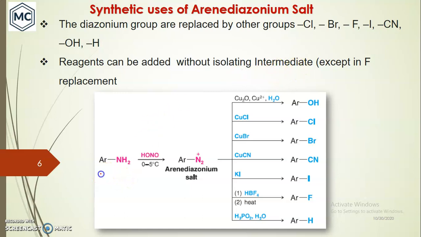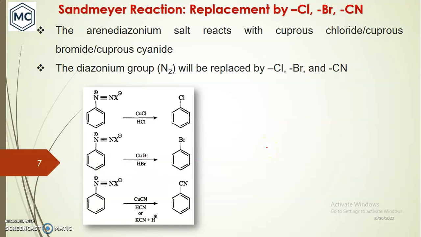So you prepare the arenediazonium salt from aniline with nitrous acid, and without isolating it you directly add the reagent. Except in the case of fluorine, where you have to isolate the diazonium salt. We will study in detail the reactions that can be used.